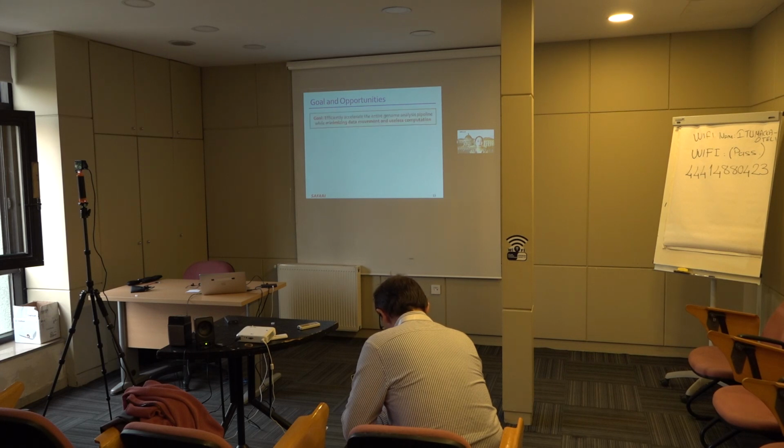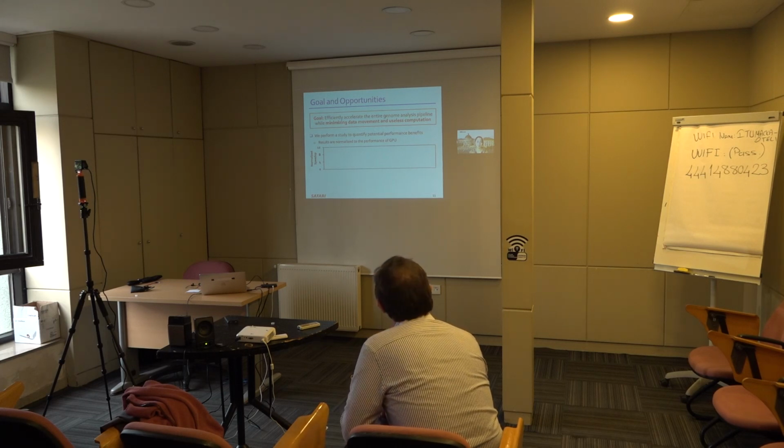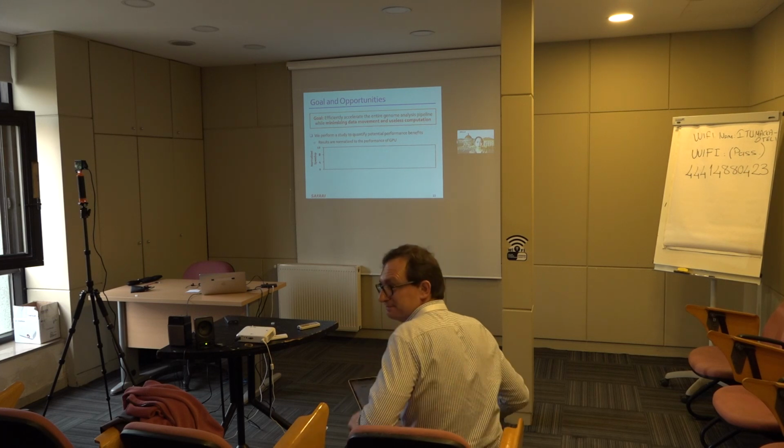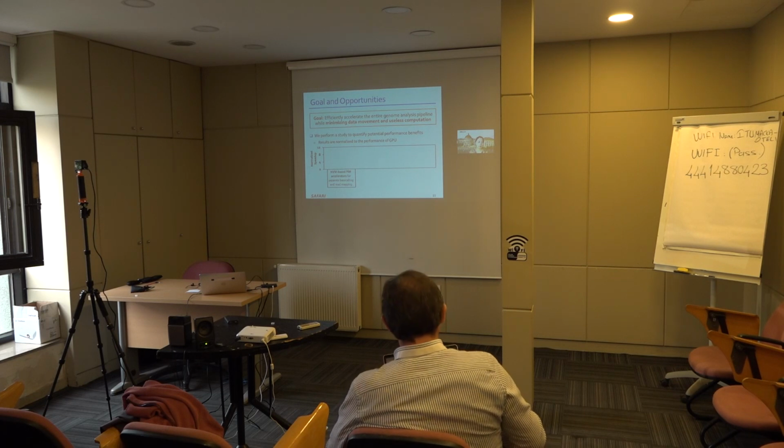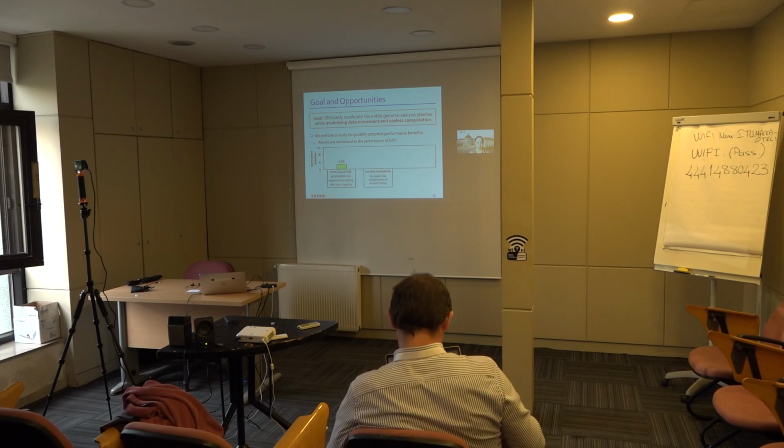So our goal is to efficiently accelerate the entire genome analysis pipeline while minimizing the data movement and useless computation. We perform a study to quantify the potential benefits, and the results are normalized to the performance of GPU. We first consider the situation where we have NVM-based PIM accelerators for separate base calling and read mapping steps, and it can achieve 2.7 times speedup.